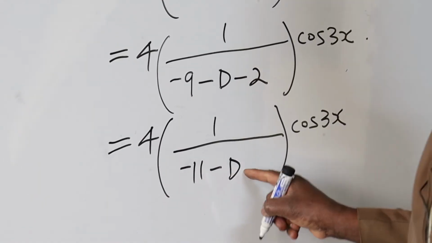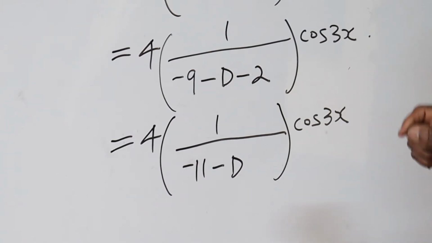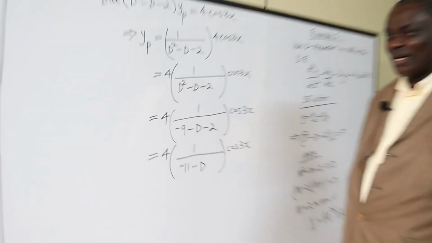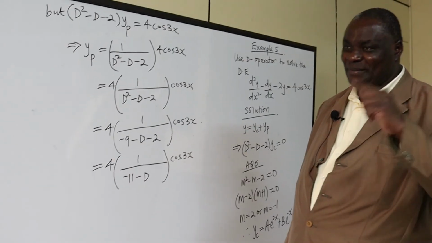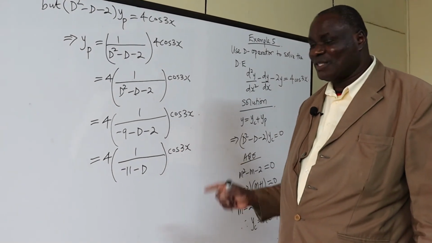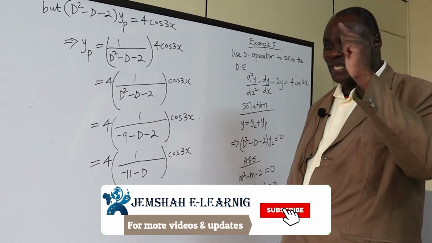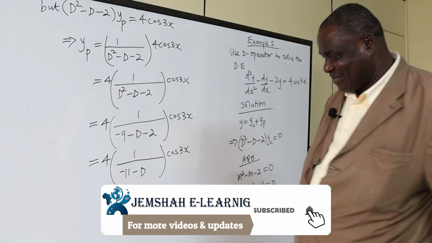Now, since D is in the denominator, we cannot take this to the numerator using binomial expansion, since when you differentiate cos 3x, it will never go to 0 even if you differentiate it a million times.